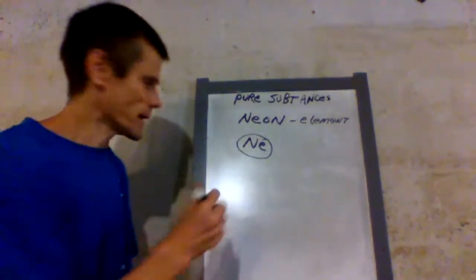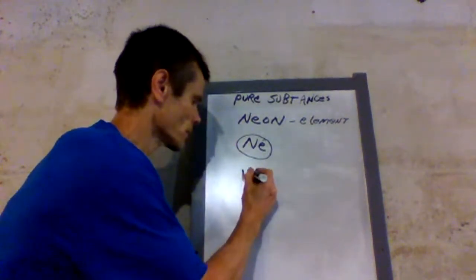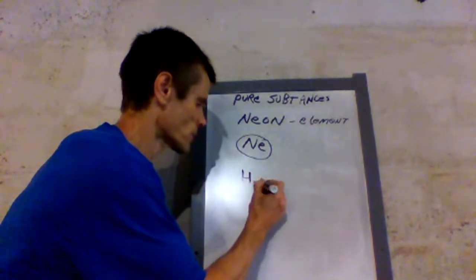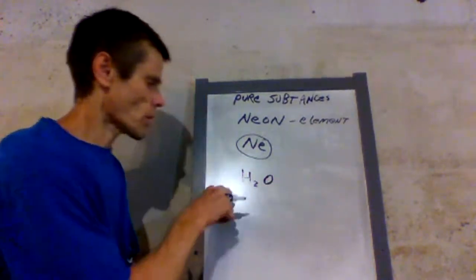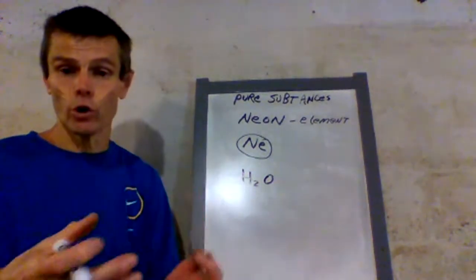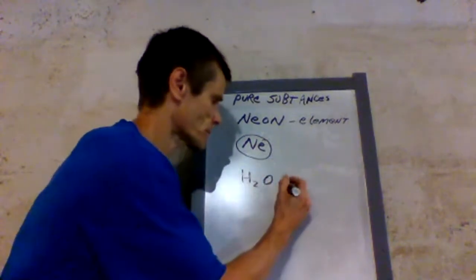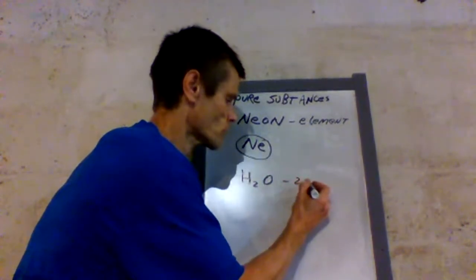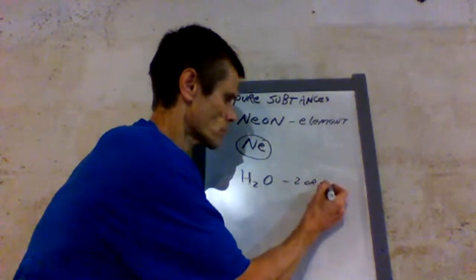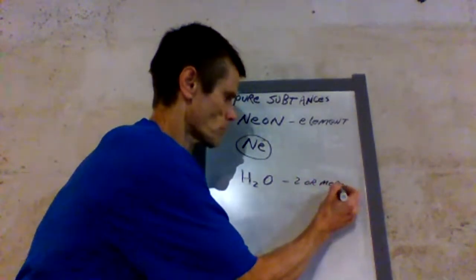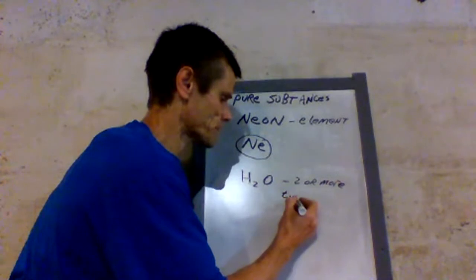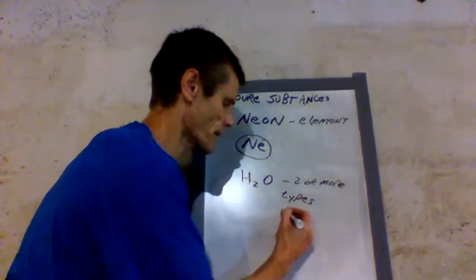Now, water, H2O, is a compound. It's composed of two or more different types of atoms, or types of elements.